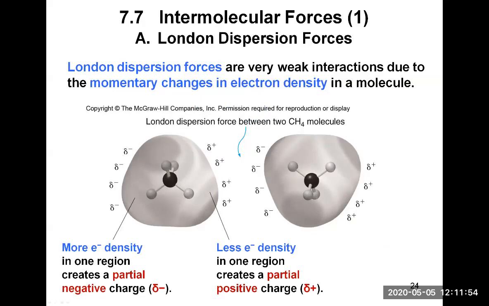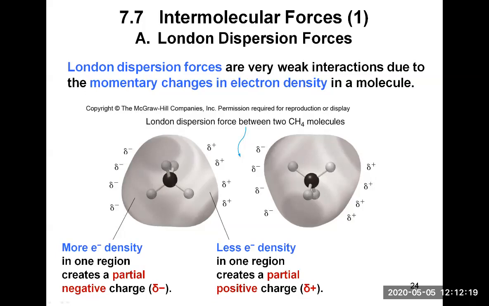And you can see that because electrons are constantly moving in that cloud, roaming around, there may be times when there is more electron density in one region. And so that would be on the left side of the molecules here. More electron density in one region creates a partial negative charge in that region.